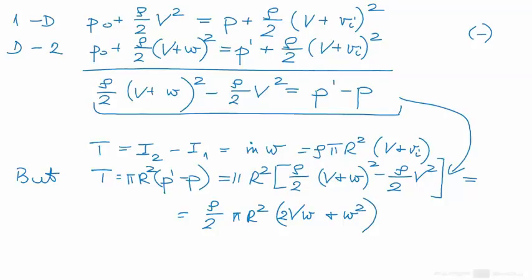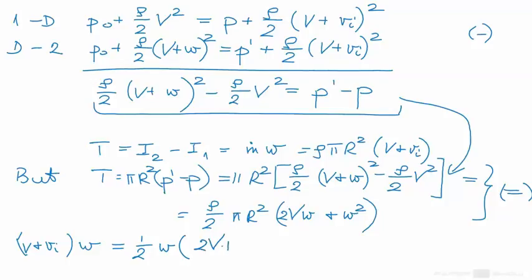Now we are going to equate these two relations, as they mean the same thing, thrust. So we will obtain that (V plus VI) multiplied by W equals 1 over 2 W times (2V plus W). Of course, we just neglected rho pi R squared.